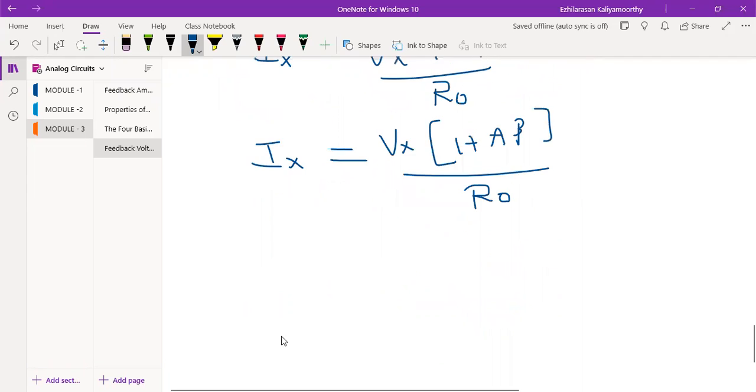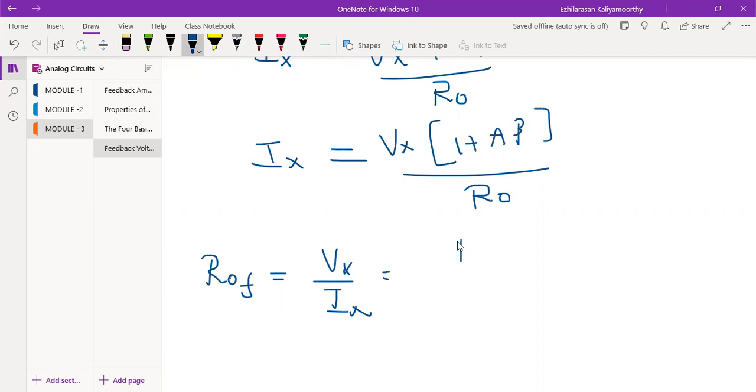Now we know that Rof, that is R naught f, is Vx by Ix. So Vx by Ix comes to R naught divided by 1 plus A beta.